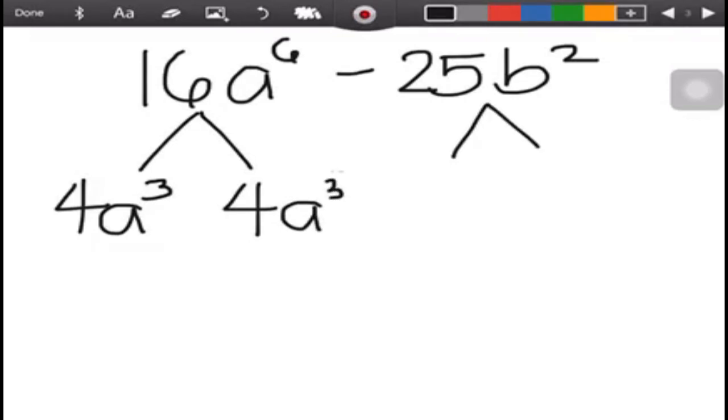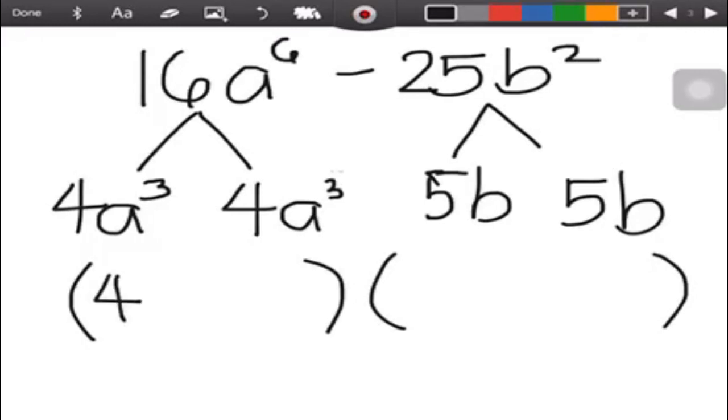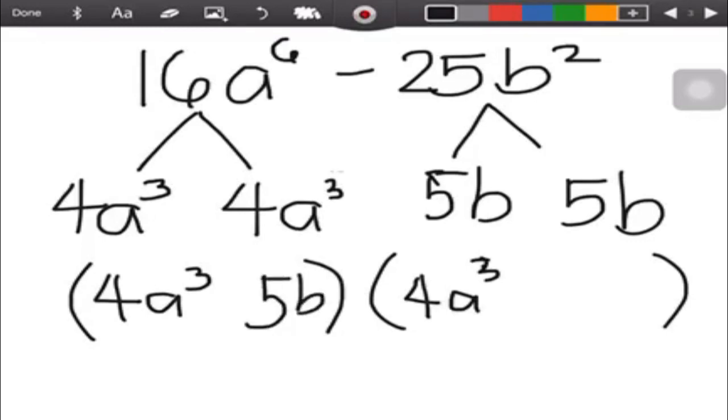And then the factors of 25 are 5 times 5. And then the factors of b squared are b times b. And then you just need to write 2 parentheses. You write the factors of the first term in both parentheses. And then the factors of the second term in both parentheses also.